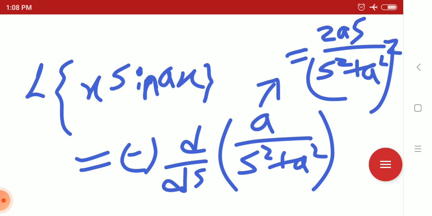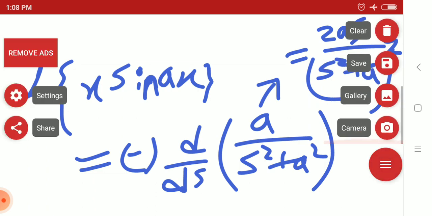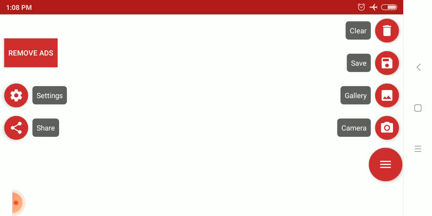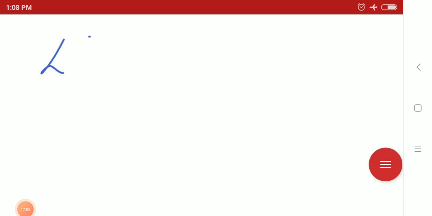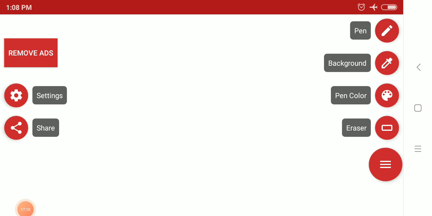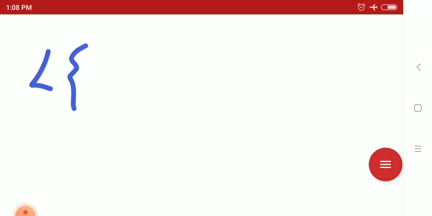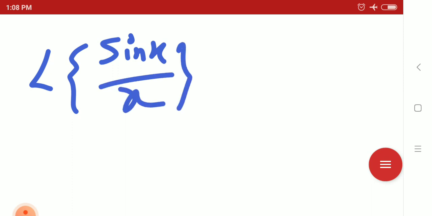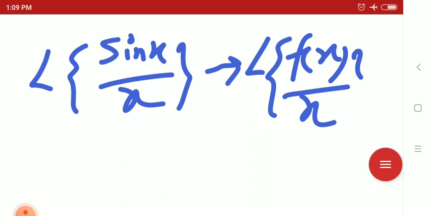So this is how we apply the Laplace transformation of x to the power n f of x. A similar property is the Laplace transformation of sin x by x, that is similar to the Laplace transformation of f of x divided by x.